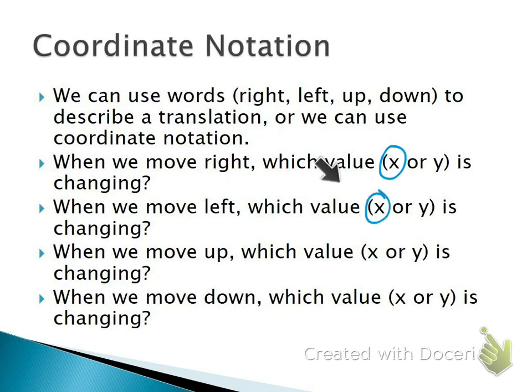So left and right, side to side, that's your x-axis. Up and down is your y-axis. So if we're moving up or down, we're changing y. If you need to draw your little axes to remember which is which, you can. Your x-axis goes left to right. Your y-axis goes up and down.